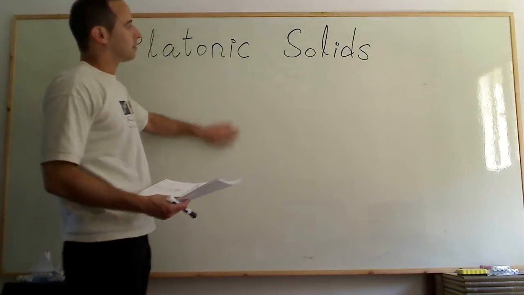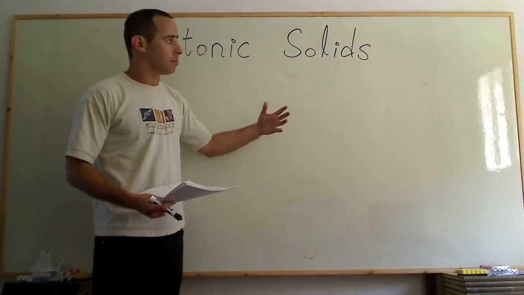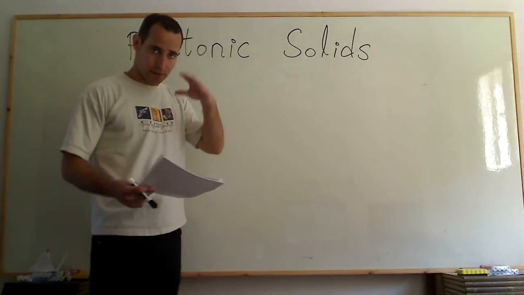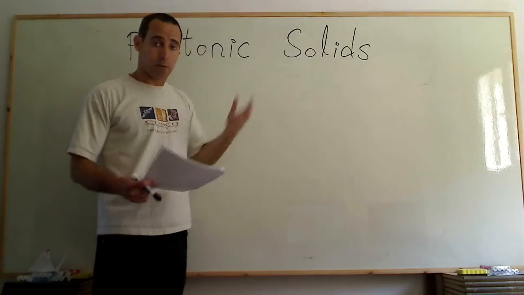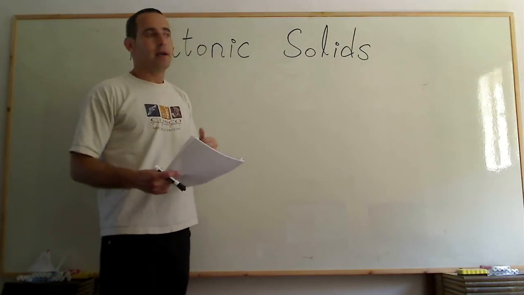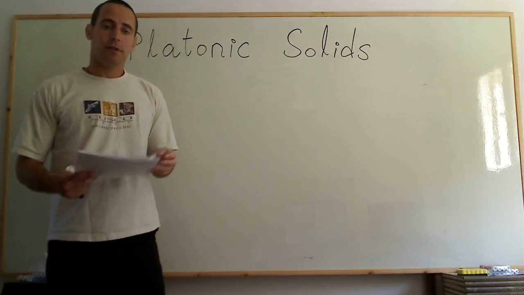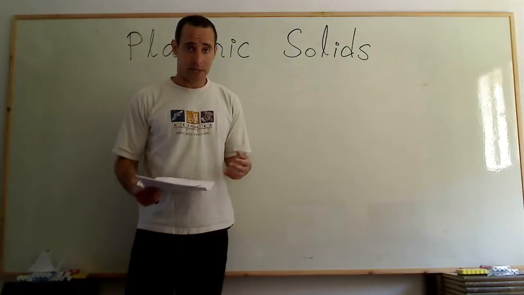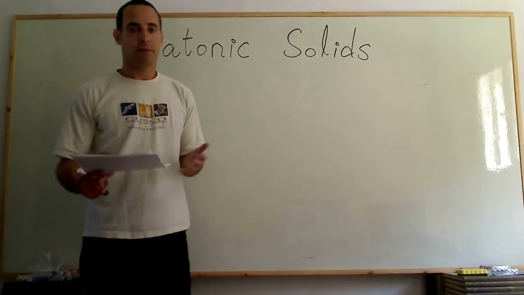They also thought that each one of the platonic solids, for example the tetrahedron, the triangle pyramid, or the cube, the shape of the dice, and a few that we will show now, represents one of the elements of nature, like fire, water, air, earth.